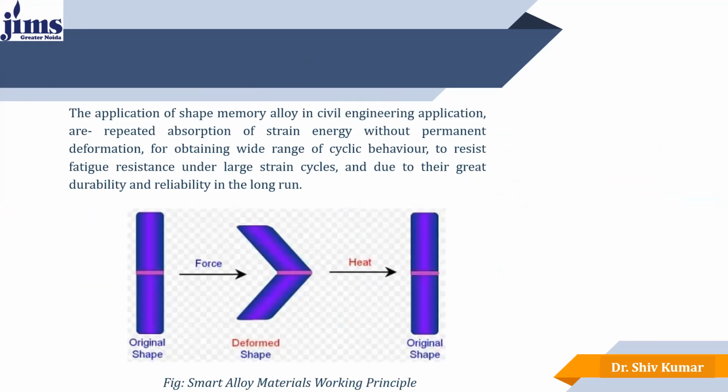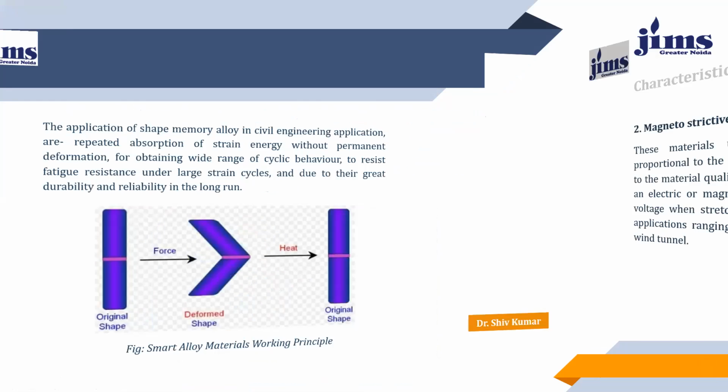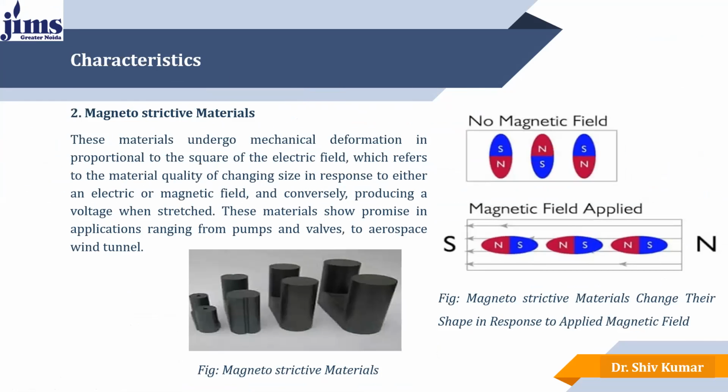Here we can see another picture in which we have applied some force in the middle and the shape was deformed, as shown in the figure by the arrow. This is the deformed shape of the bar, and after heating, it regained its original shape. This is called a smart alloy or memory alloy, which is used in the construction field.